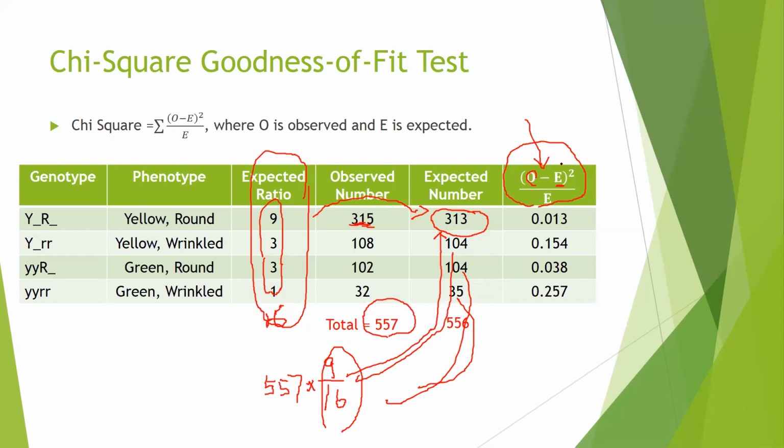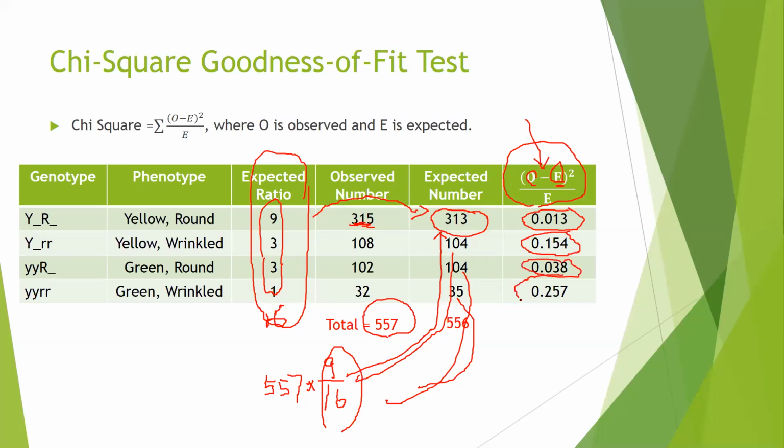If the difference is very small, close to 0, that means the data is very supportive of your model, the expected value. Otherwise, if they are quite different, you're going to end up with a big number. So for each category, you can calculate a quantity like this.